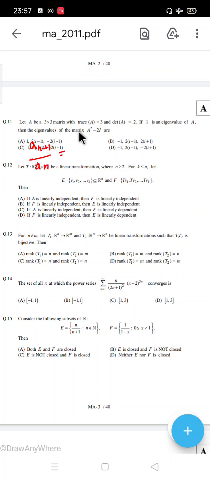So this will be (n plus 1 upon 2n plus 3) the whole square multiplied by (2n plus 1 upon n) the whole square. So forget these two. Yeah, if I take the limit n tending to infinity, this will be just 1, no?